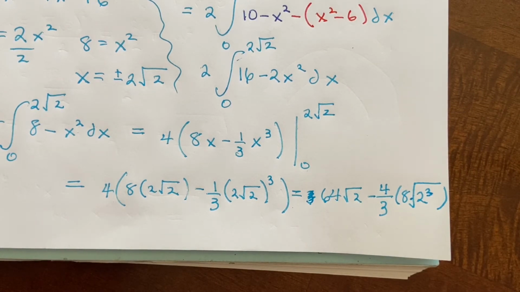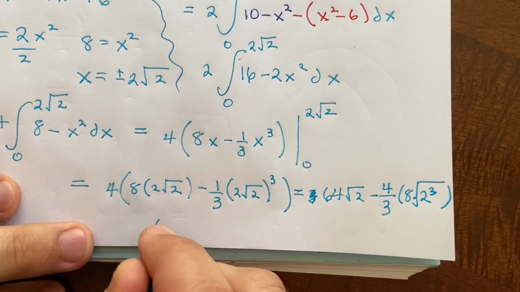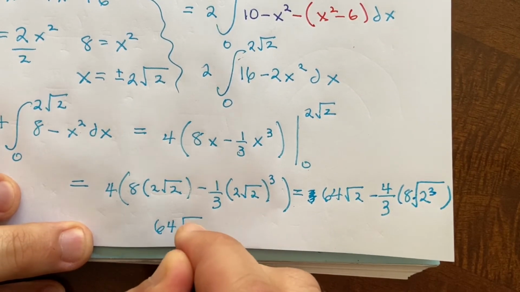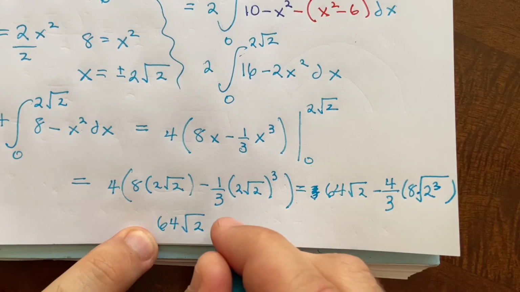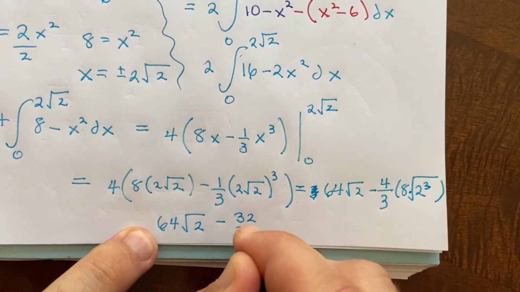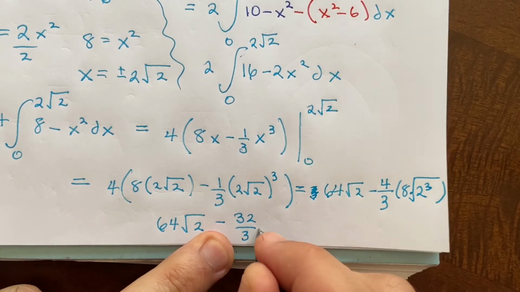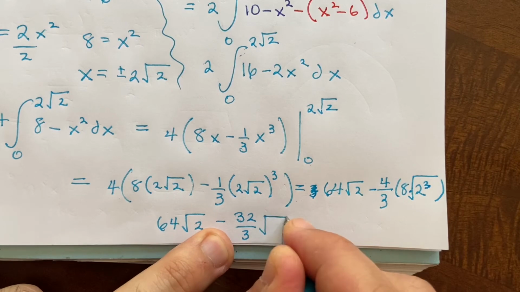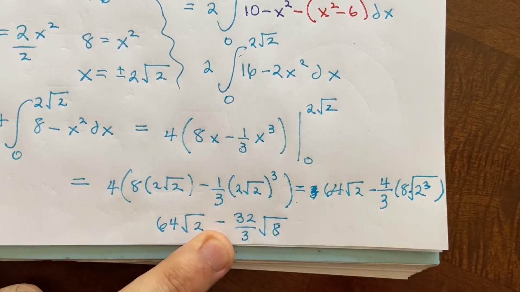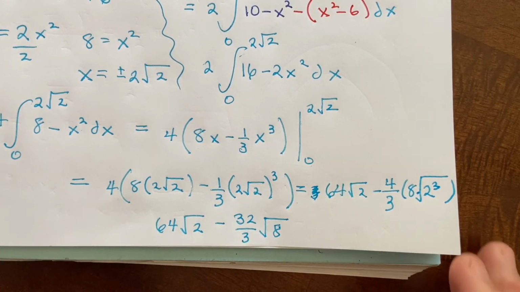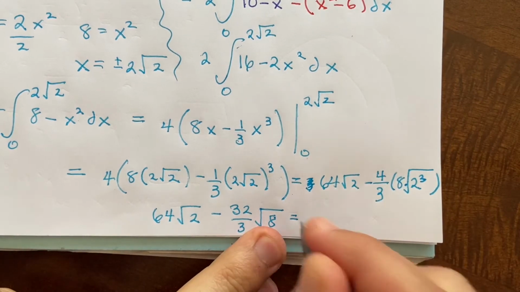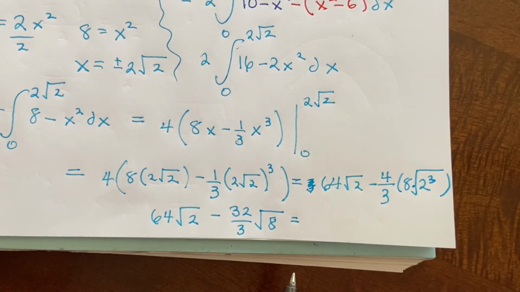Let's see. So I'll just leave it in exact form as 64 root 2 minus 32/3 times the square root of 8. The cube root of 8 is the same as 2 root 2.